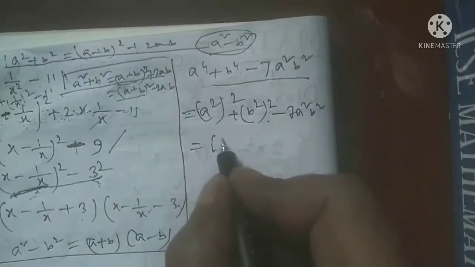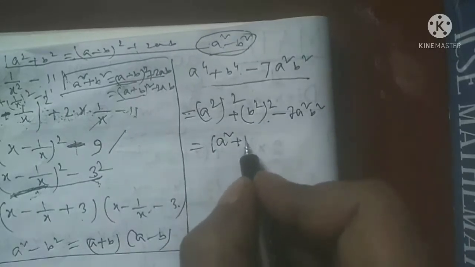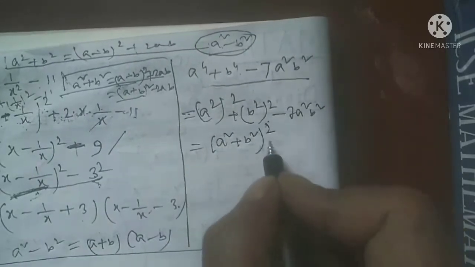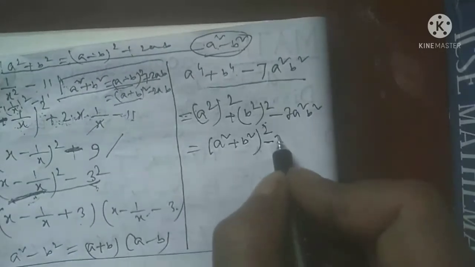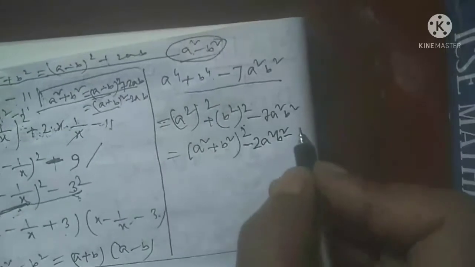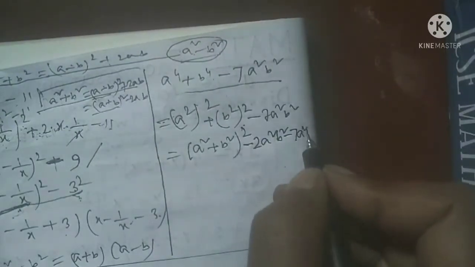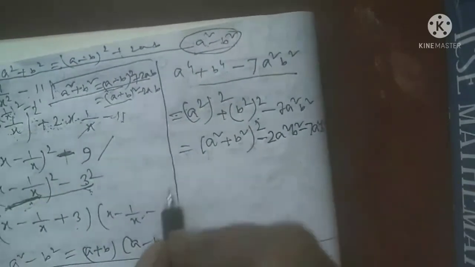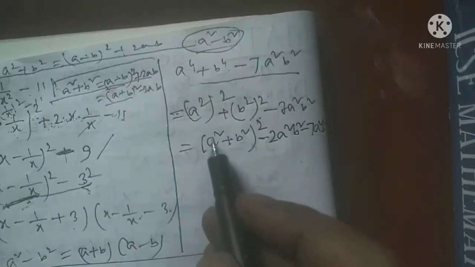So here will be (a square plus b square) whole square minus 2a square b square minus 7 square b square. My dear student, this is a very important formula.